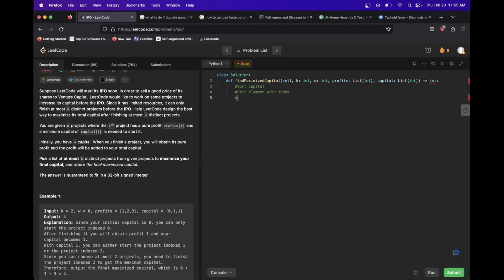So we want to keep track of the maximum capital required, the project that requires the most capital, in the capital array that we're sorting.